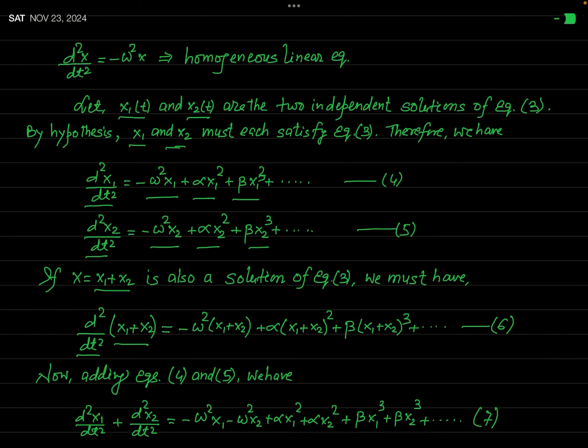We will check later whether our assumption is correct or not. But for the time being, I have assumed that x1 plus x2 is equal to x, and this is also a solution of equation 3.